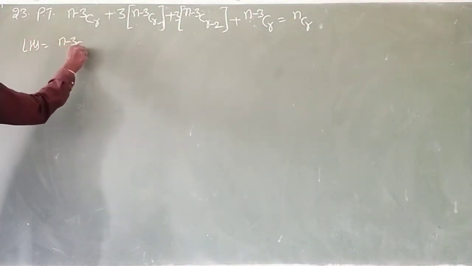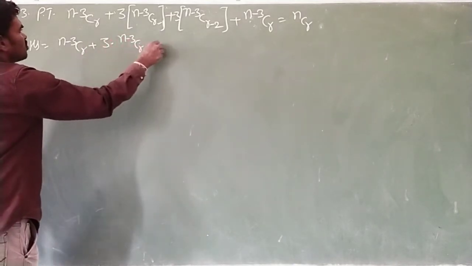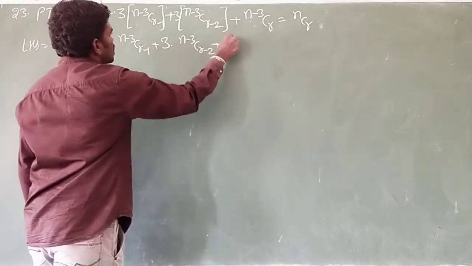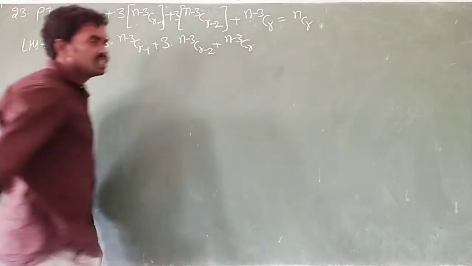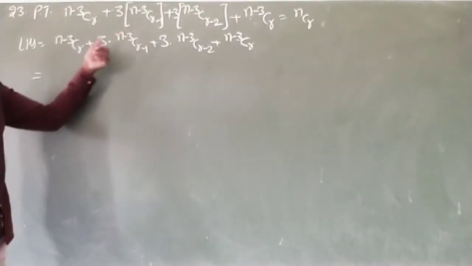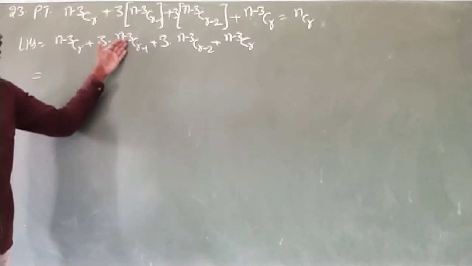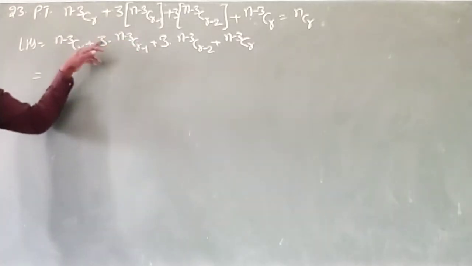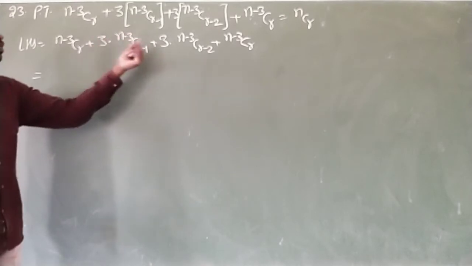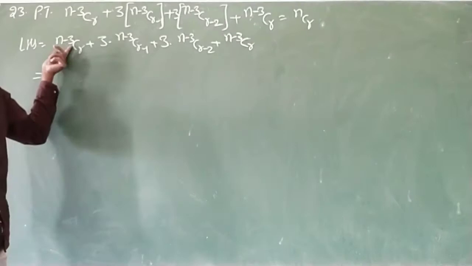See, this n is the same, but here r minus 1. You can apply the nCr minus 1 formula, but here 3 is there, so 3 terms are there. These also have 3 terms, and this is only one term.